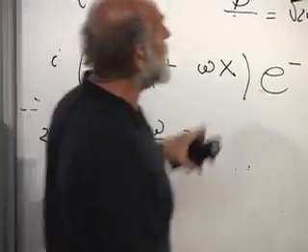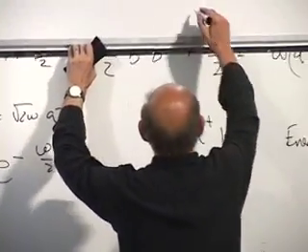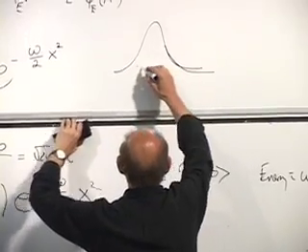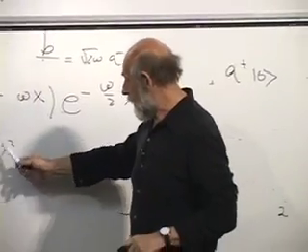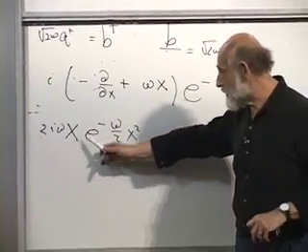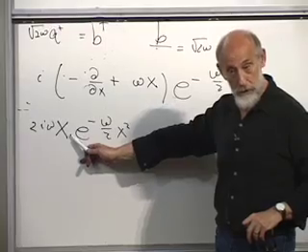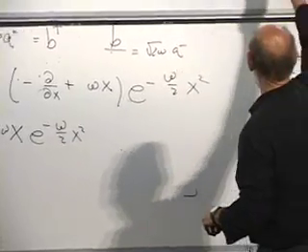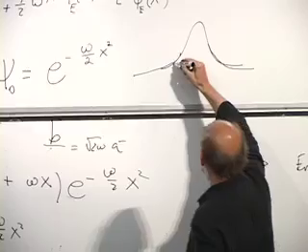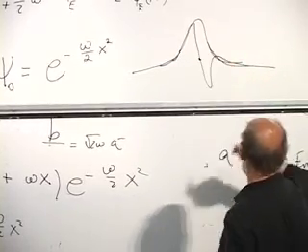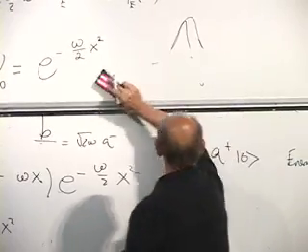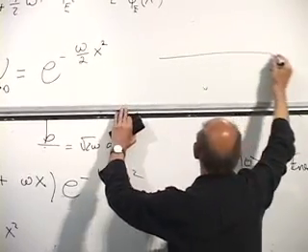That's a function which asymptotically still goes to 0. E to the minus omega over 2 x squared goes to 0 much faster than x grows, so it still goes very quickly to 0, but now it has a 0 in the middle. Let me draw it better.